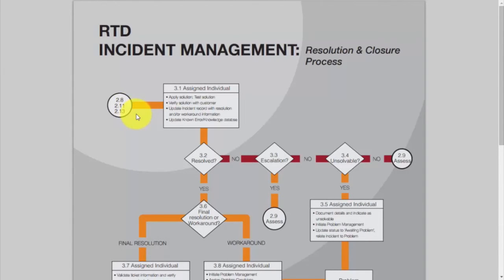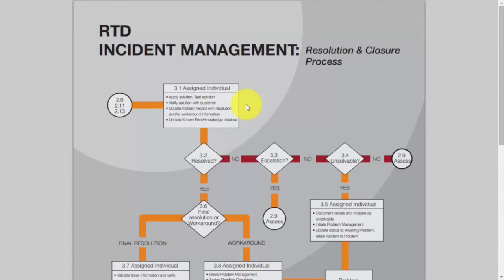Or the last option is after the change management has occurred, if it was an incident that required a change request. So regardless of those three ways, we get to step 3.1, the deploy and test the resolution. And the responsibility here lies with the individual who is assigned.